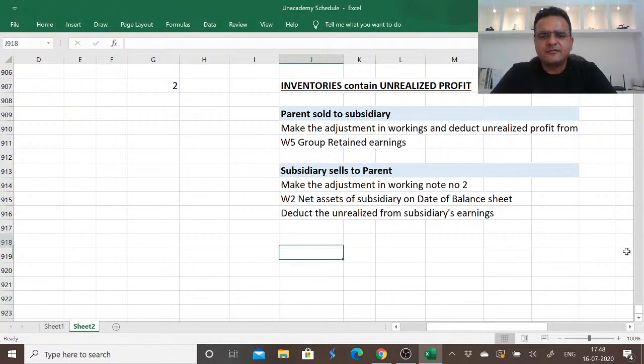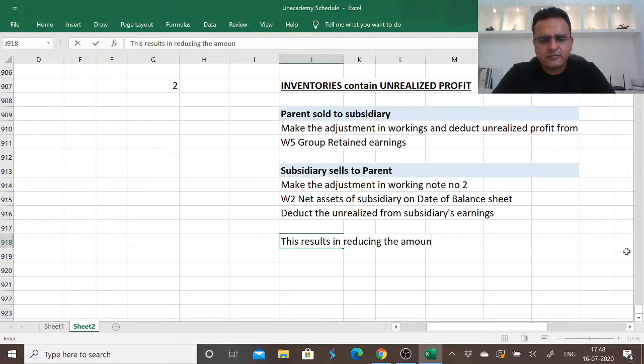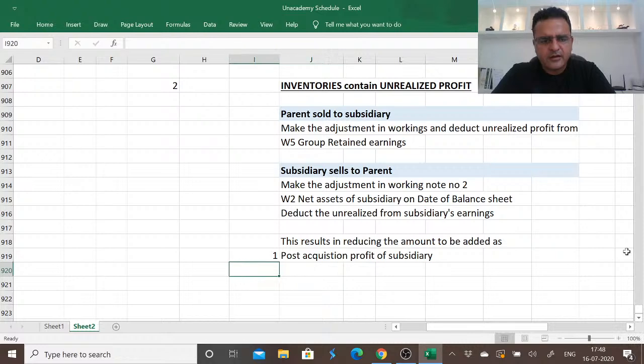This results in reducing the amount to be added as post acquisition profit of subsidiary and share of profit of NCI.